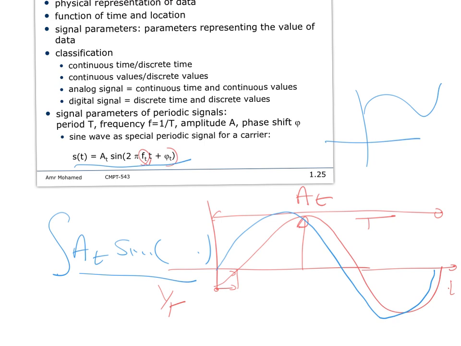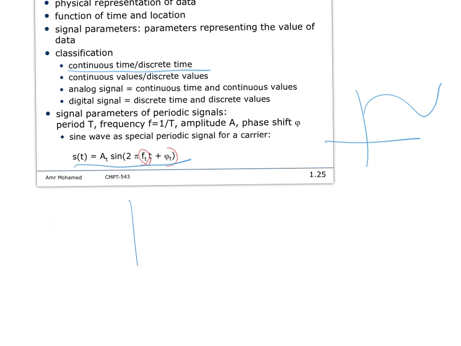So a signal now can be classified in 4 different categories. The signal can be continuous in time or discrete in time. And it can be continuous in values or discrete in values. So, for example, this signal is continuous in time and values, right?